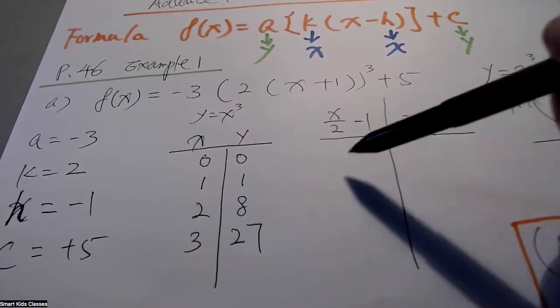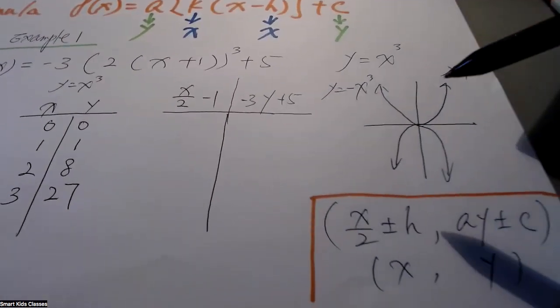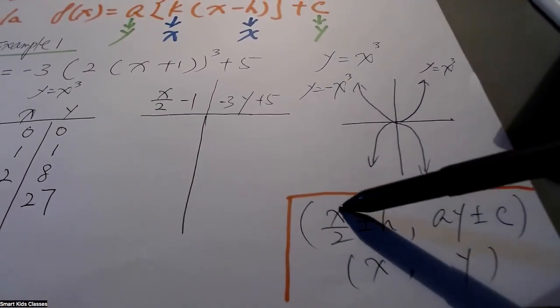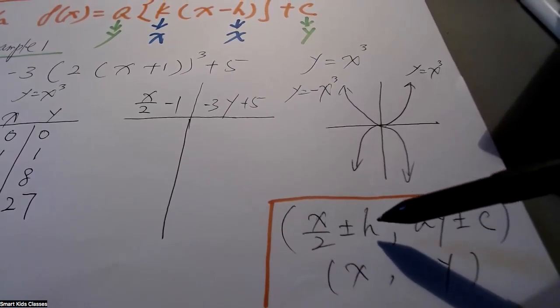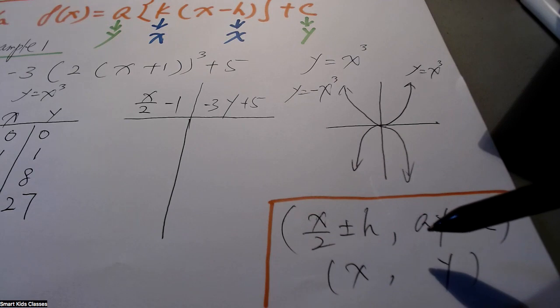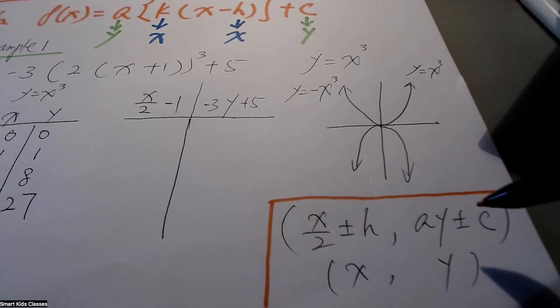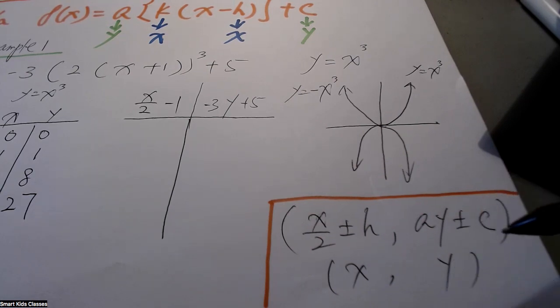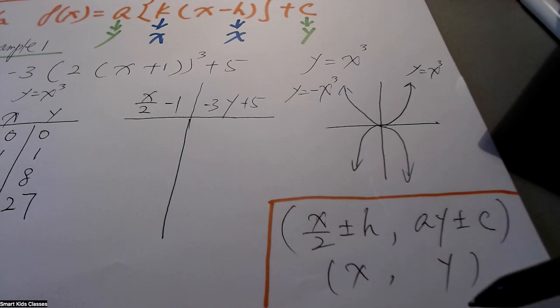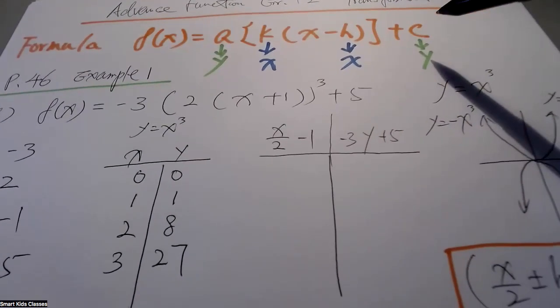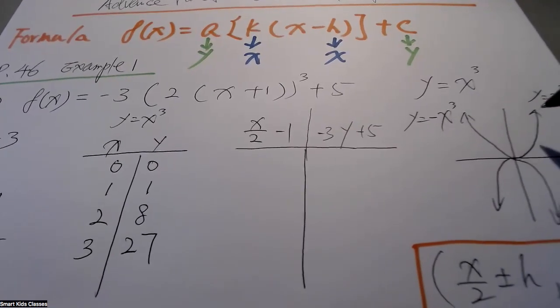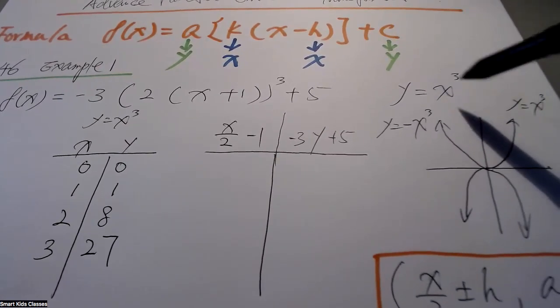So now we apply the formula to calculate the points: X over K, add or subtract H, and A times Y, add or minus C. So this is the transformation point for X and Y. Please write down the formula for calculating the points. And I draw the parent equation here.